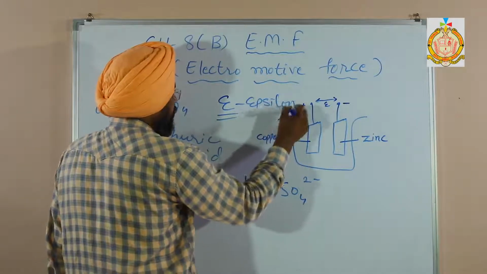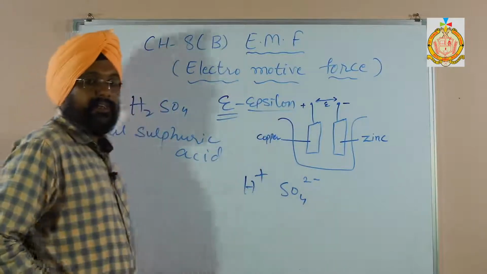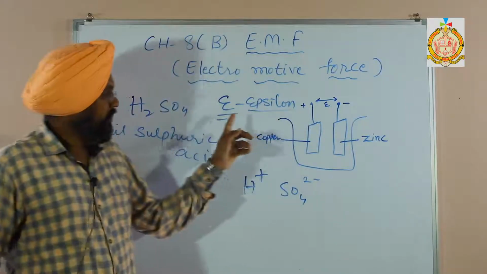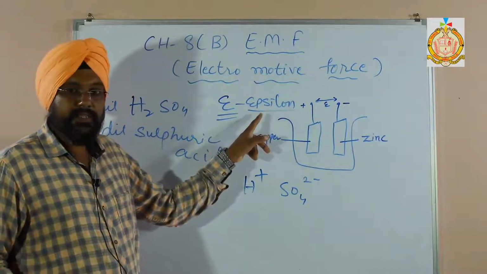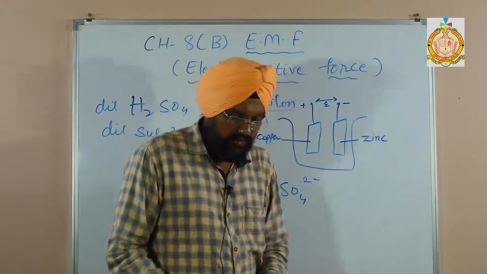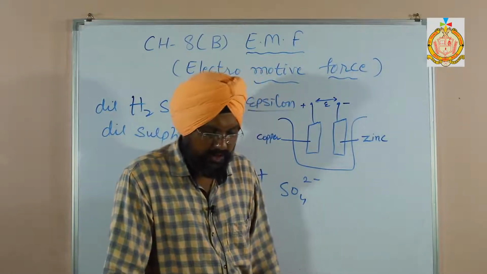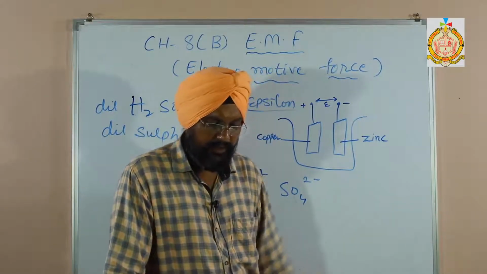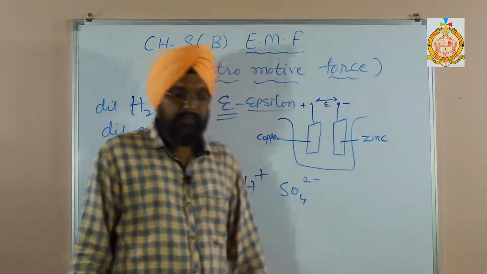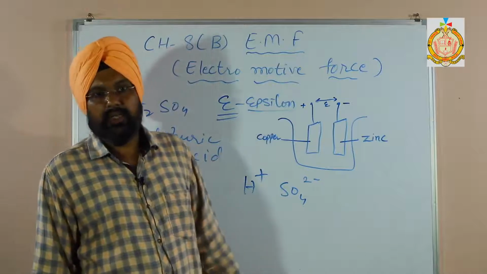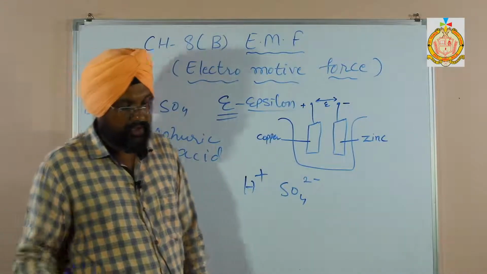This is a competitive exam question: name the SI unit of the EMF, that is epsilon. Its unit is volt. It is measured by connecting a voltmeter of high resistance, or more accurately we can also use a potentiometer to connect and measure it.